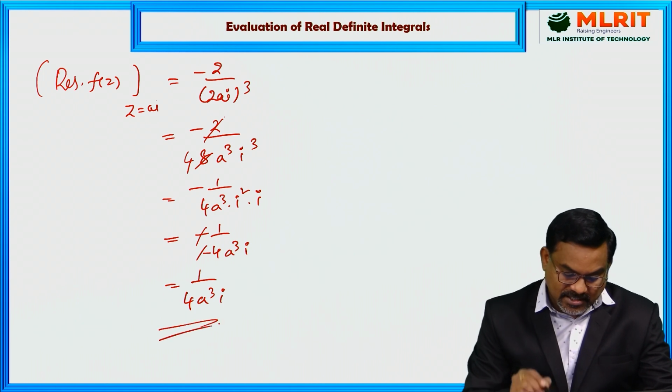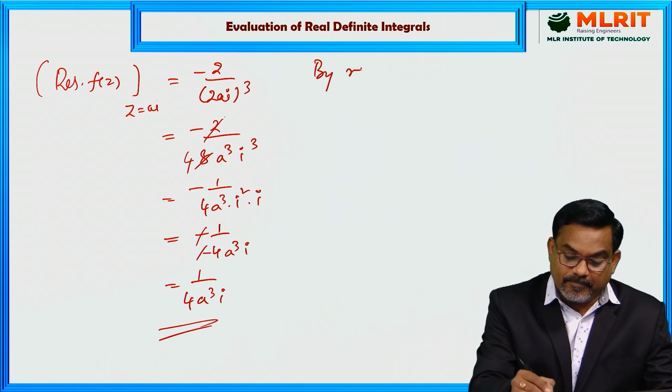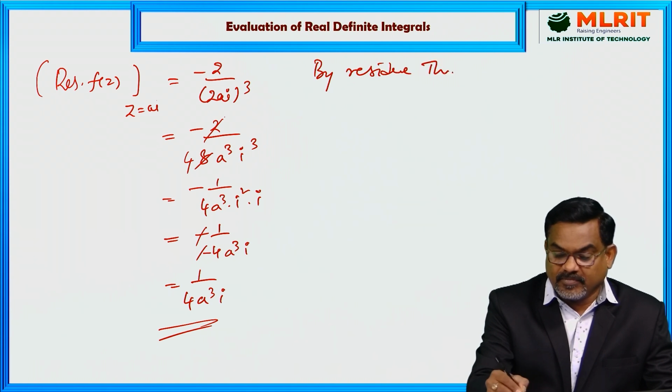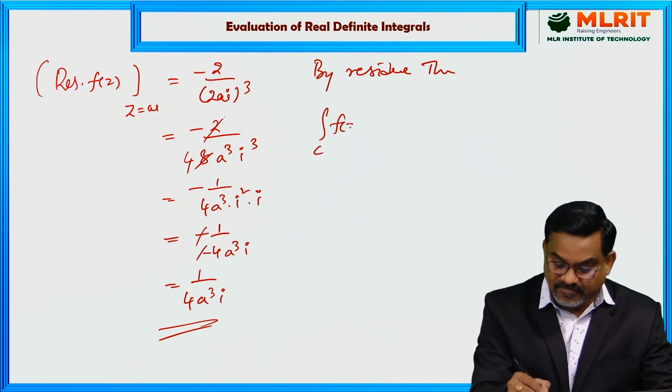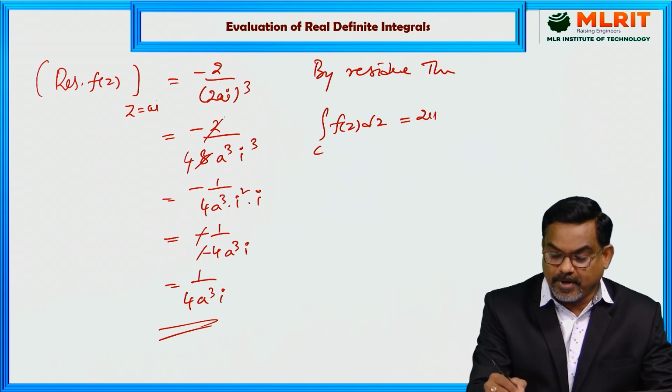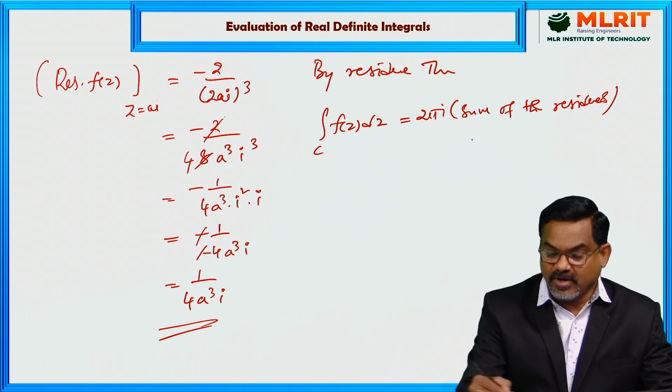So, this is the residue of the function, and by the residue theorem, the line integral over C of f of z dz is equal to 2 pi i into the sum of the residues. But here we have only one residue.